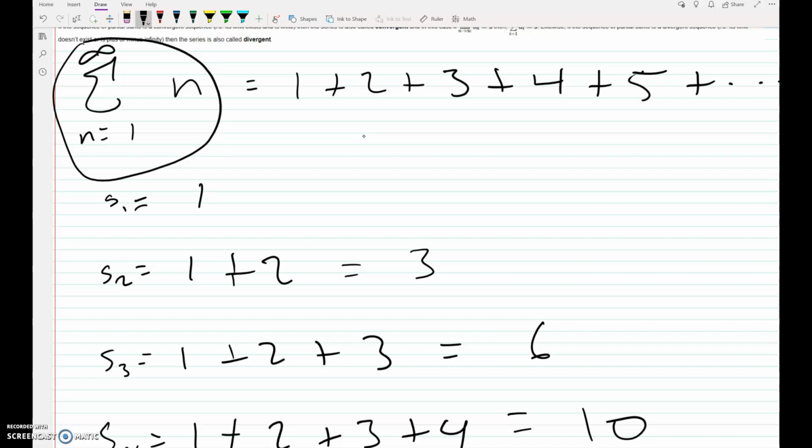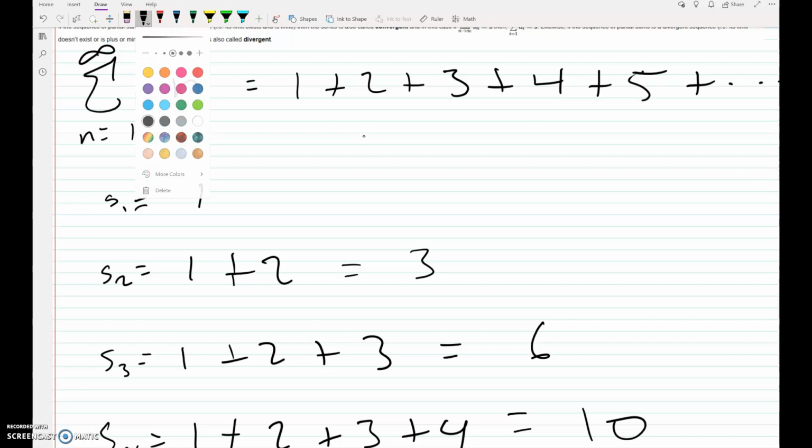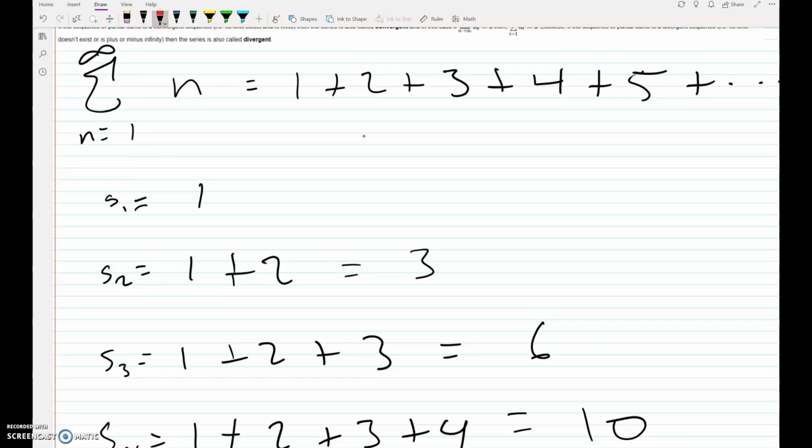What are the partial sums? The partial sums represent the sum up to a point. Let me be a color coding kind of guy. The first partial sum is 1, because that's the sum up to the first term.